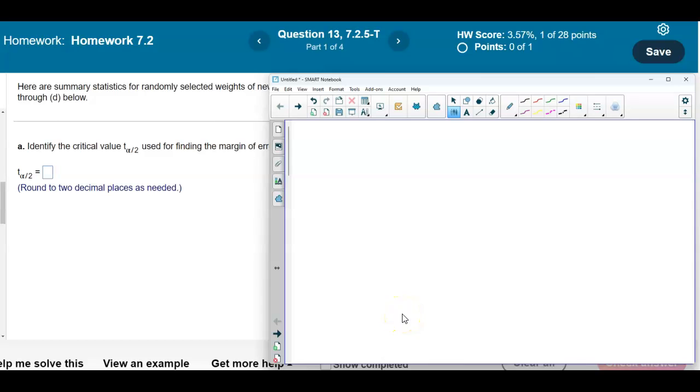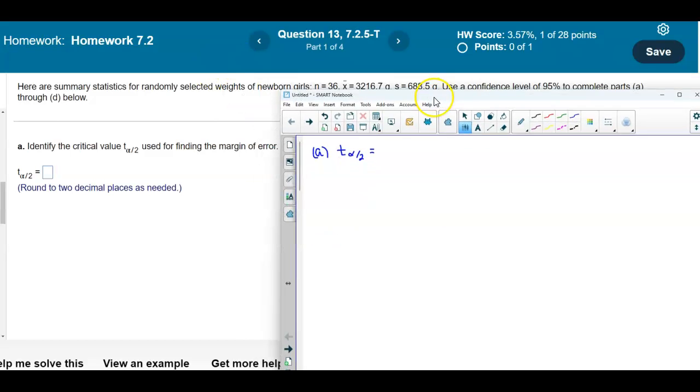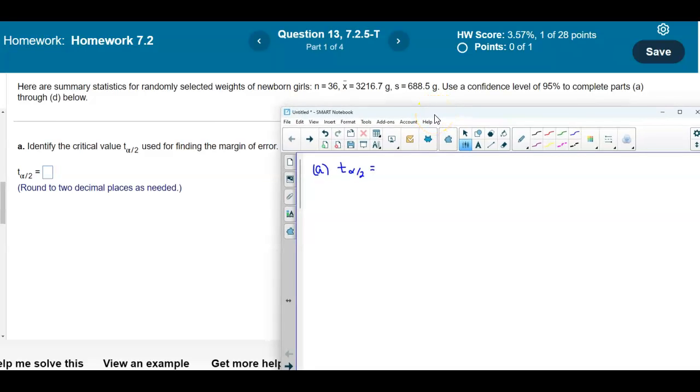Okay, so for part A, we want to determine the critical t value. In order to find the critical t value used for the margin of error, we first need to determine the confidence level. The confidence level given is 95%.